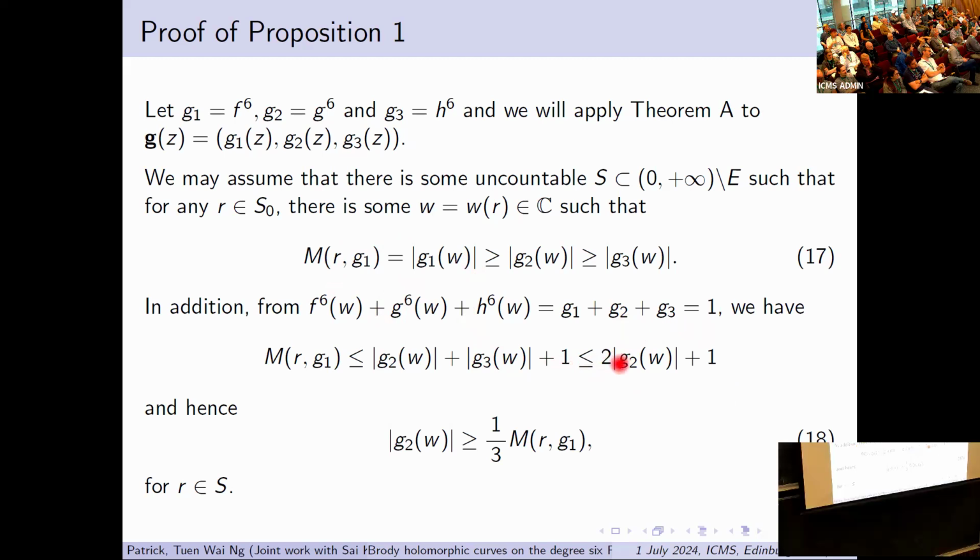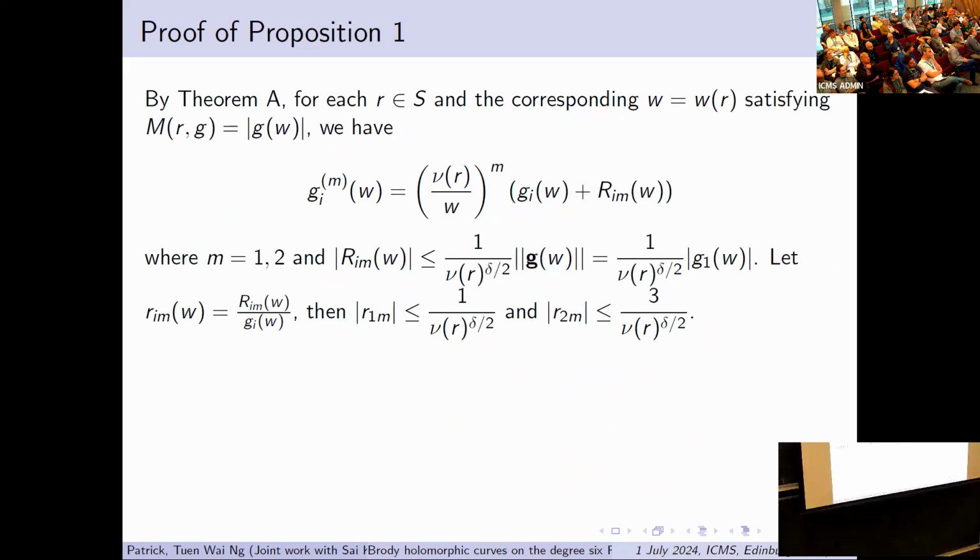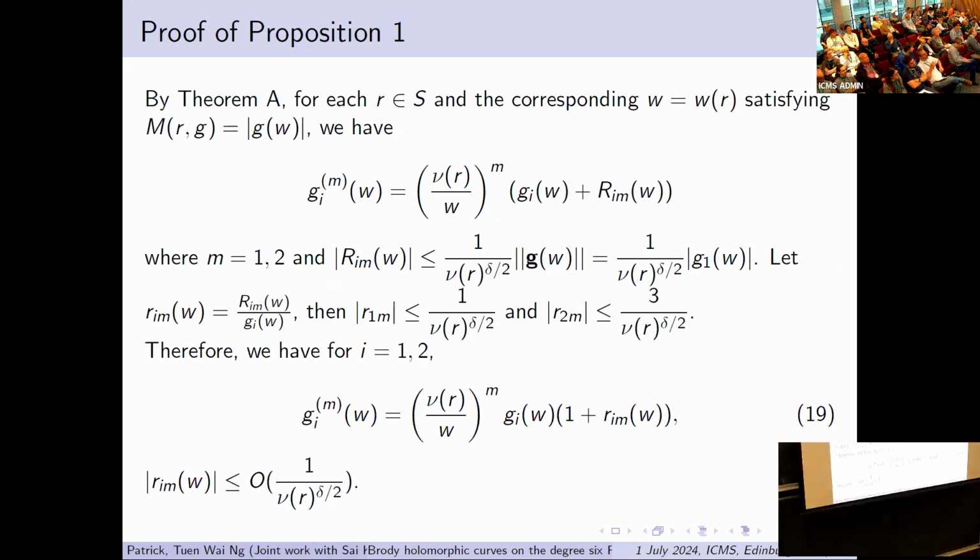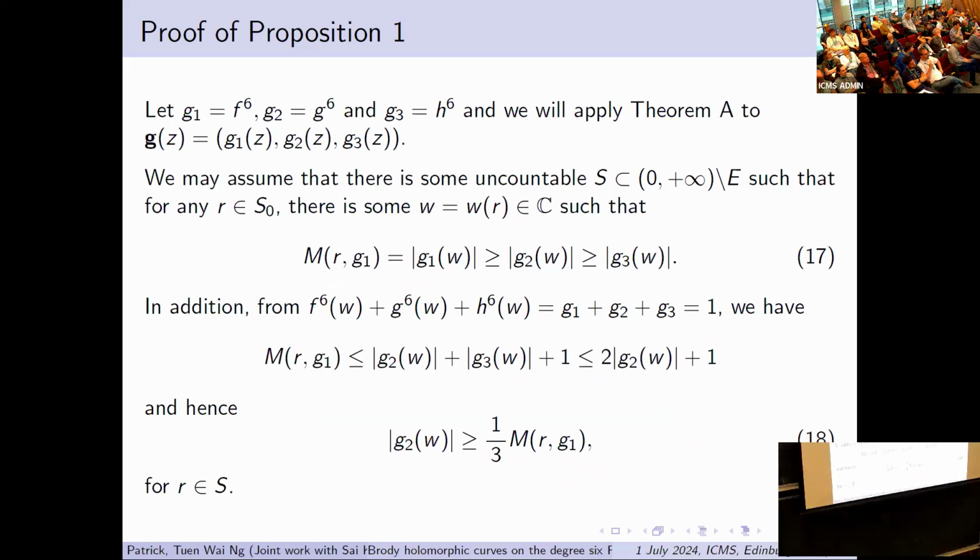Okay, and you take W sufficiently big, so you will get G2 at W will be greater than or equal to 1/3 maximum modulus function for G1. So essentially, what it means is these 2 things are comparable, which will give you some control later on.